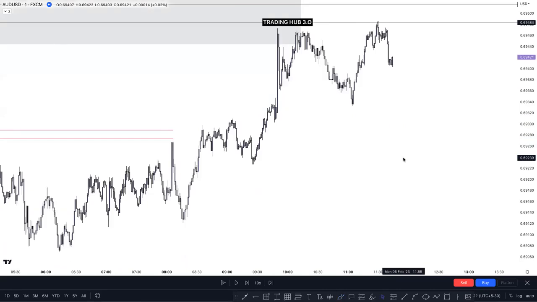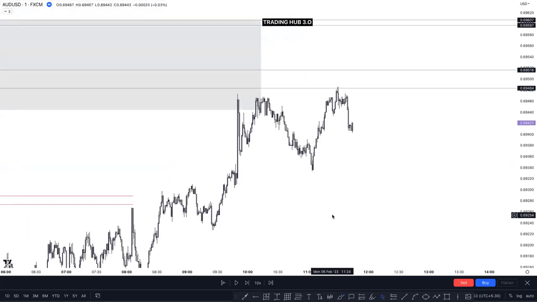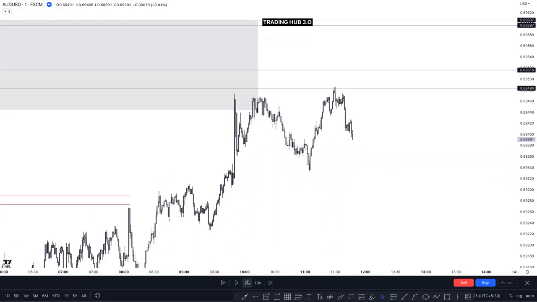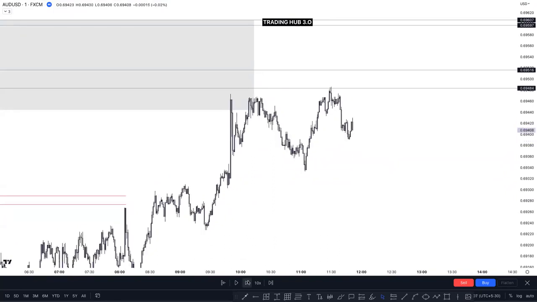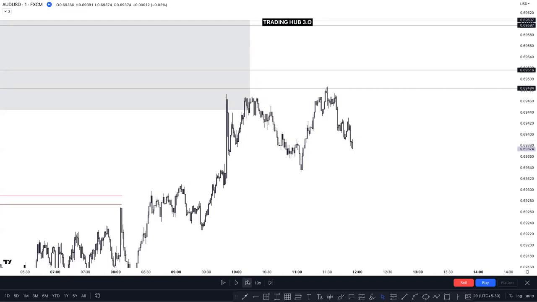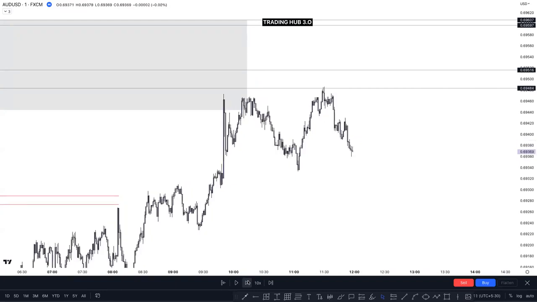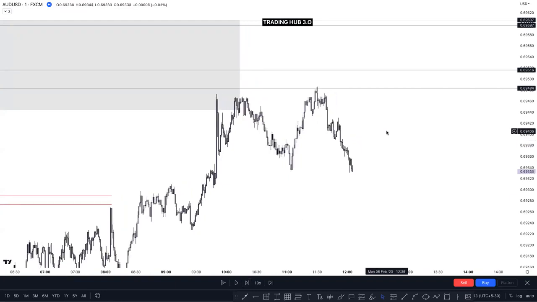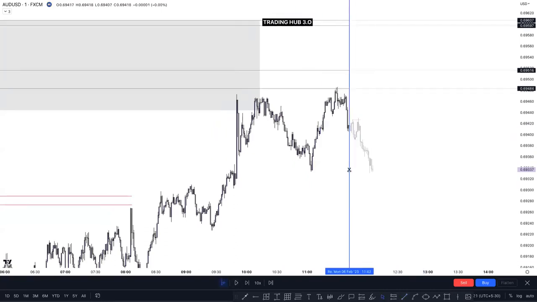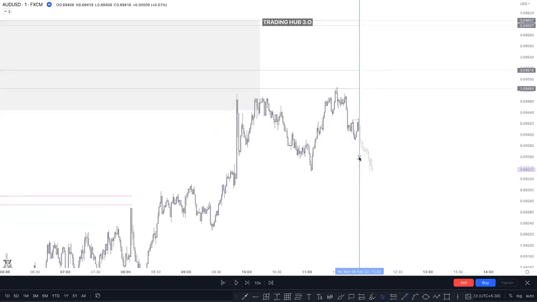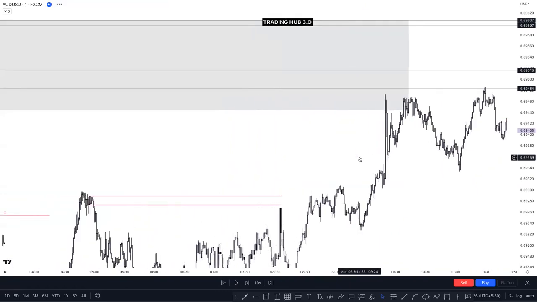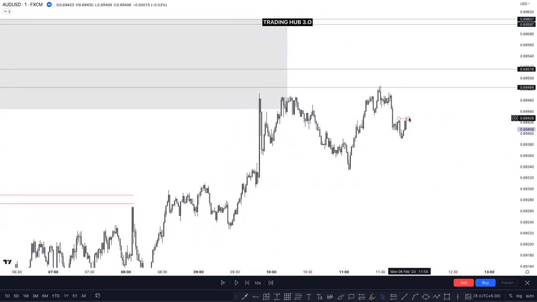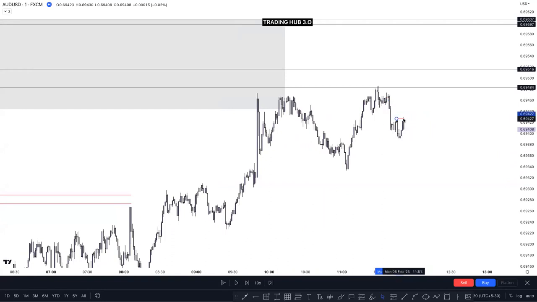So let's see what is happening here. Okay, it creates inducement, and after that it takes out the inducement. Right, so price took out the inducement here.